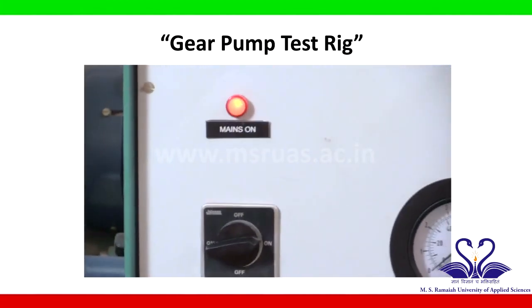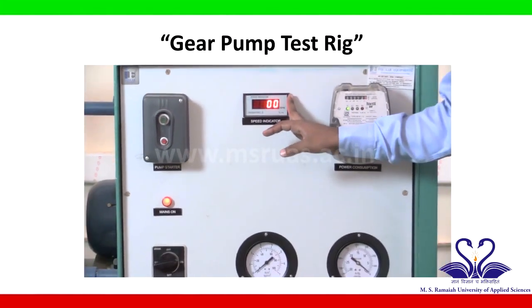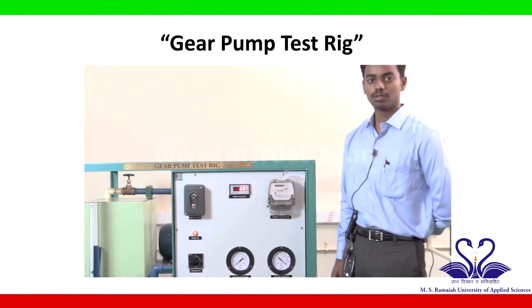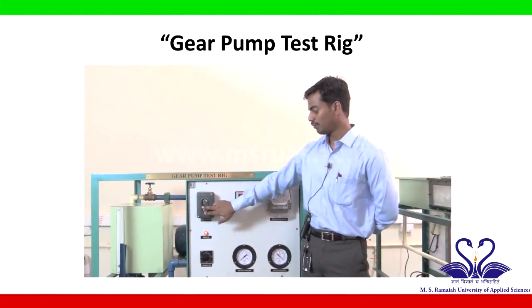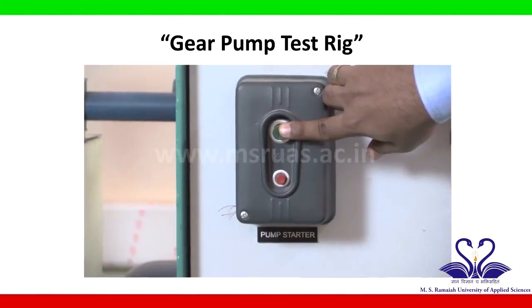Now we can see that the speed indicator is showing 00. From now on, we can start the experiment. To start the experiment, we have to switch on the motor by hitting the green button over here.